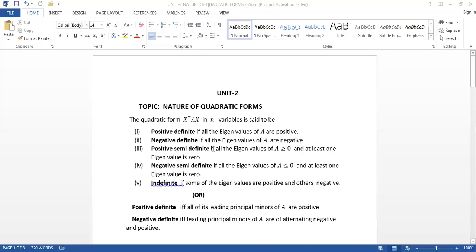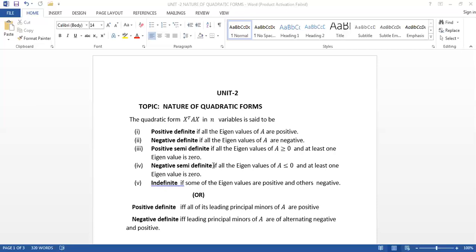Positive semi-definite, all the eigenvalues of A are positive and at least one eigenvalue must be 0. For negative semi-definite, all the eigenvalues are negative and one eigenvalue must be 0.